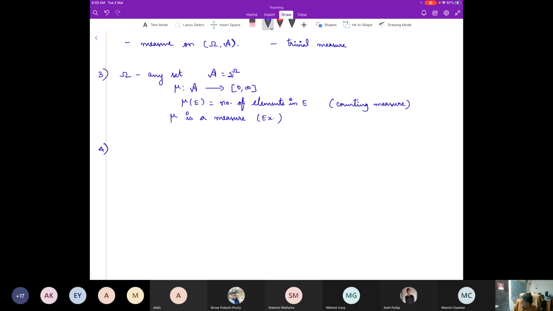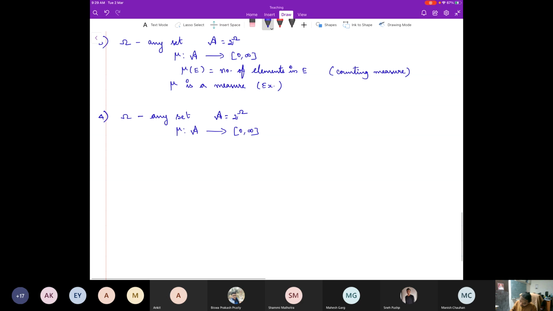Fourth one, omega is any set, and in both these examples you could have chosen A to be any sigma algebra, doesn't matter. Mu from A to 0 comma infinity given by, well, what you do is fix any x naught in omega.